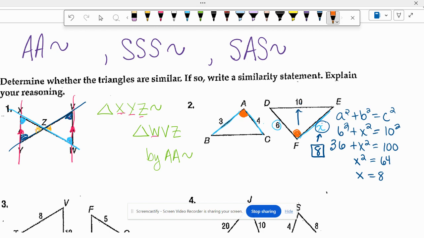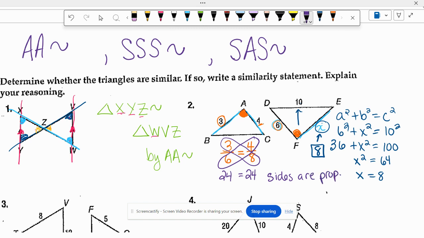So now when I compare my short leg to short leg, it has to be proportional to the long side to the long side. Let's see. 6 times 4 is 24, and that equals 8 times 3, which is also 24. So your sides are proportional.